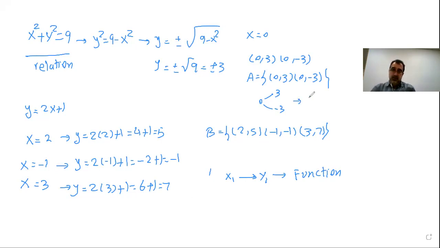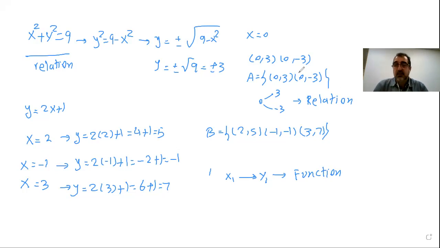Recall, this is a relation. This is a function. Now that we learn the definition of function, we can say a function is a set of ordered pairs in which no x value relates to two y values.